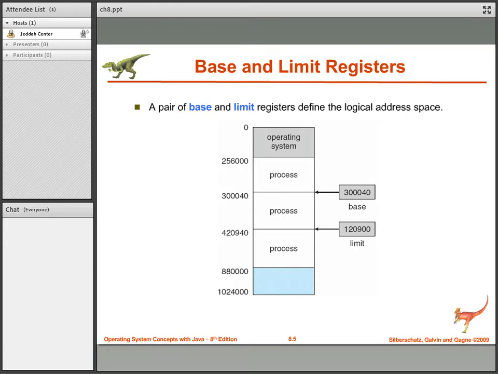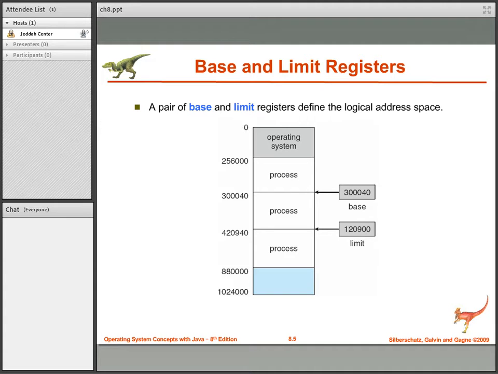What about the length of the process? Again, starting with the value of the address in the base register, the length of the process has to be stored in another register called the limit register.